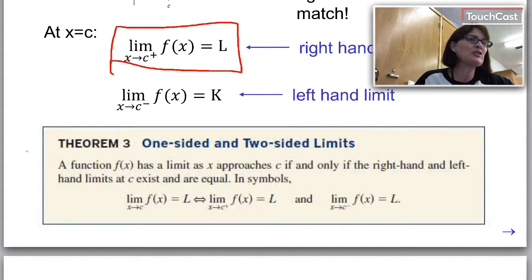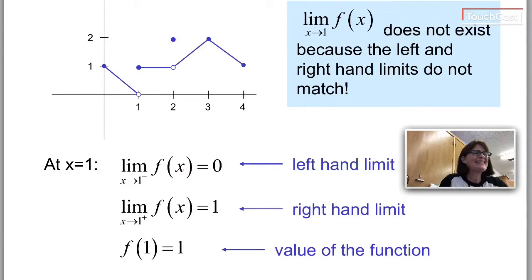The limit of f of x as x approaches c is L if and only if both the right-hand limit is equal to L and the left-hand limit is equal to L. That's the best way to write it out. So you see there's a place for that in your notes. Write it in. All right, this next example, I gave you this graph and I asked you to tell me about the left-hand limit, the right-hand limit, and the limit at a bunch of different x values.